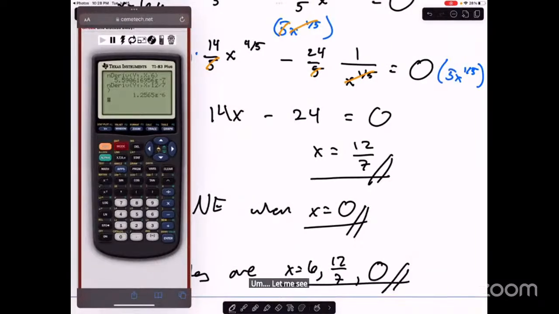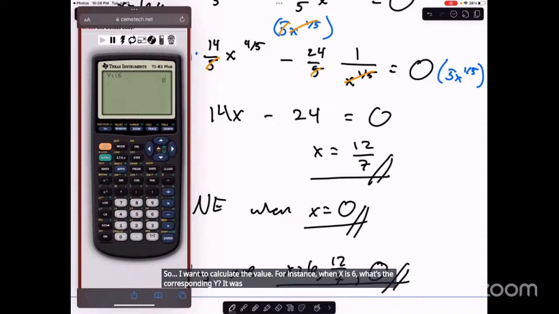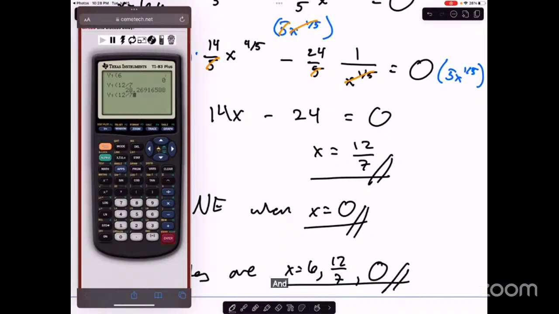Let me calculate the values. When x is 6, the corresponding y was 0. When x is 12 over 7, the corresponding y was about 28. And when x is 0, it's 0.